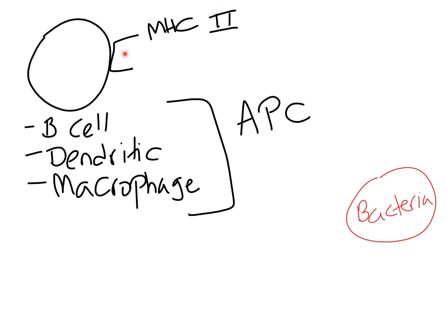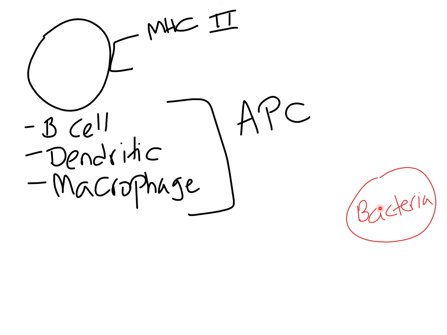After they engulf it, they are capable of breaking it down, taking fragments of the pathogen that they've just broken down, and they release it out and stick it on their surface, specifically within their MHC2. Now, who are they going to present it to? They are going to present it to a group of T cells, and we will discuss that shortly.